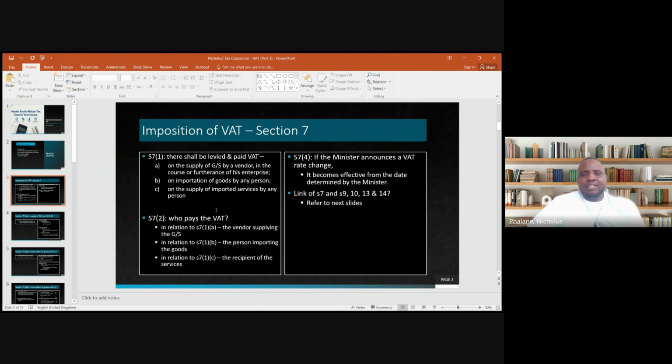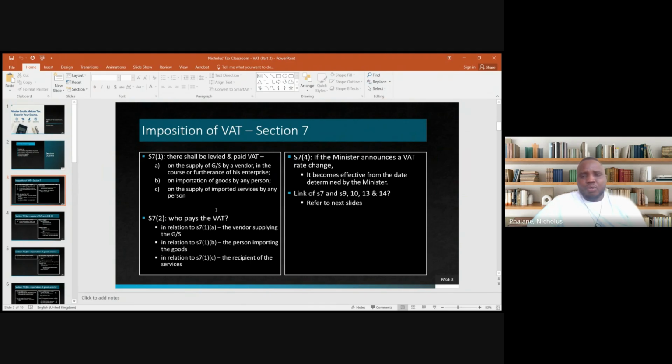You need to look at a lot of different sections in order to deal with that appropriately. So in essence, VAT is scattered all over that act. You need to know how to flag properly and cross flag and know how to highlight, but we'll deal with these issues in a separate session.